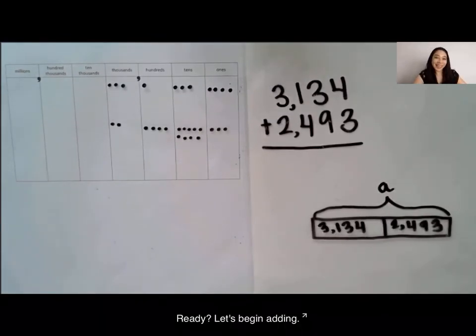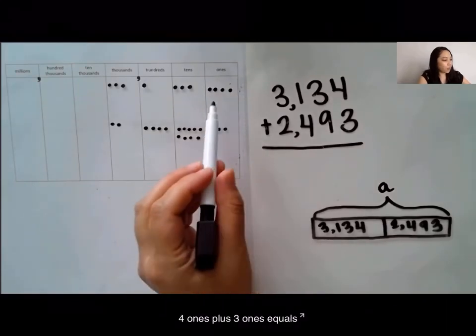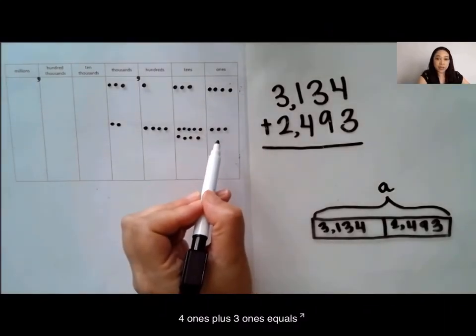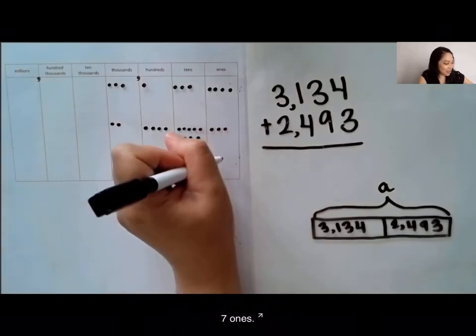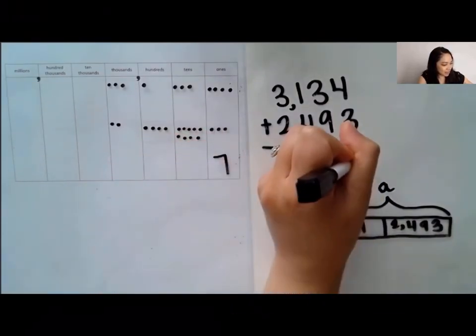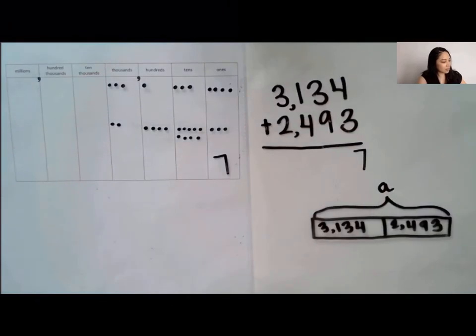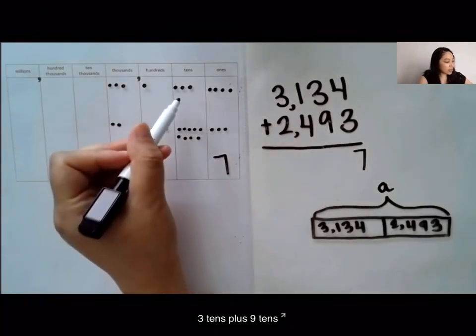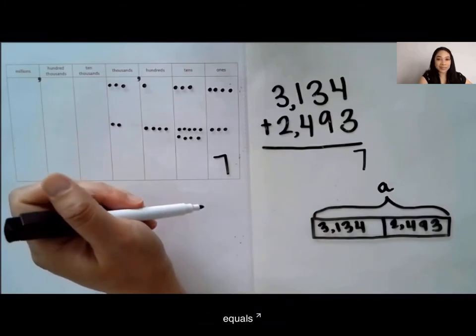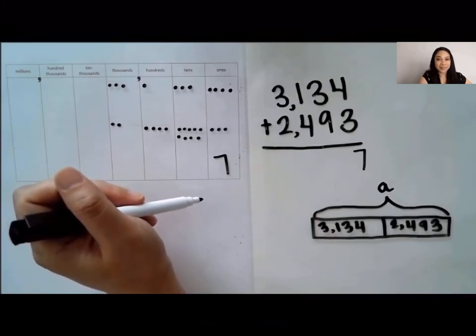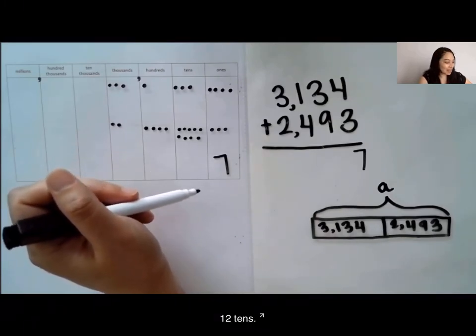Ready? Let's begin adding. 4 ones plus 3 ones equals 7 ones. 3 tens plus 9 tens equals 12 tens.